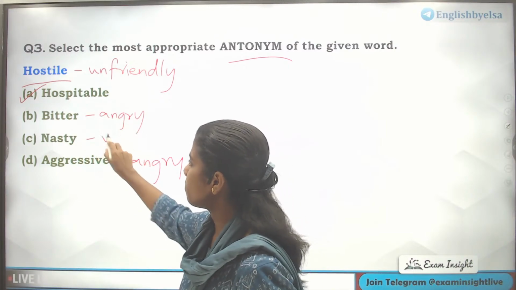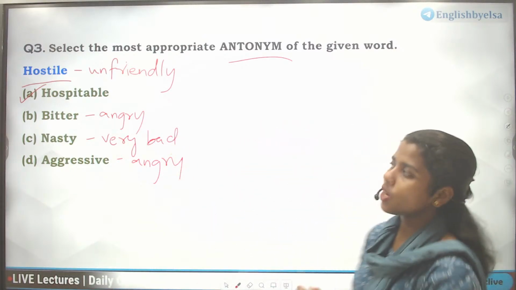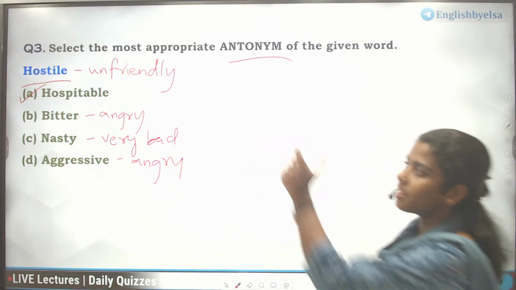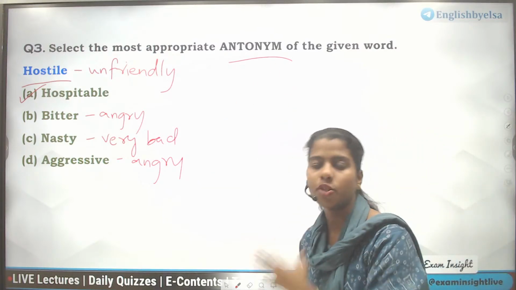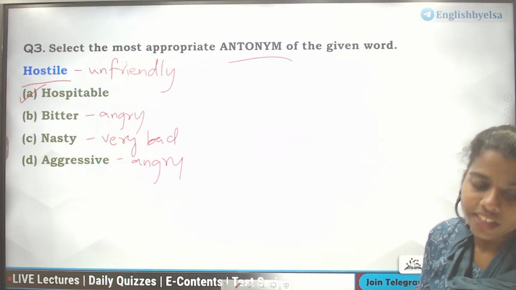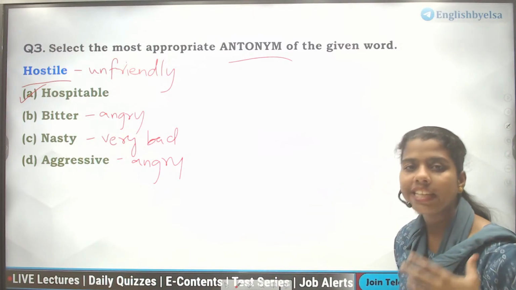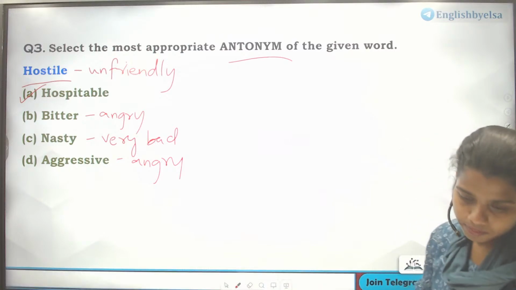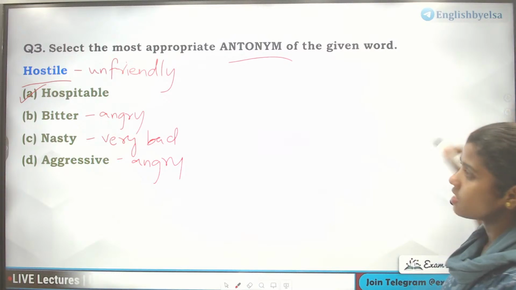Nasty means very bad or unpleasant. So all three words are negative. The given word is also negative. Antonym is asked, so my answer should be positive. The only positive word in the options is hospitable, which means friendly or welcoming. Yes, option A, hospitable, is the correct answer.